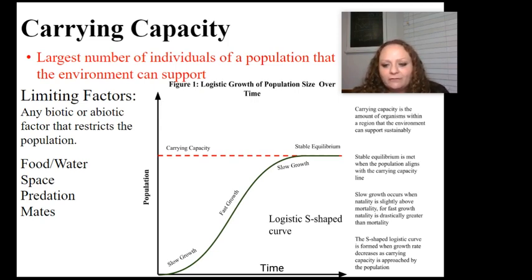And so if there are unlimited resources in our population or in our area, you're going to see that fast, exponential growth would continue. But because we have factors that limit the size of the population, eventually that fast growth is going to slow down and we're going to reach a stable state or a stable equilibrium.